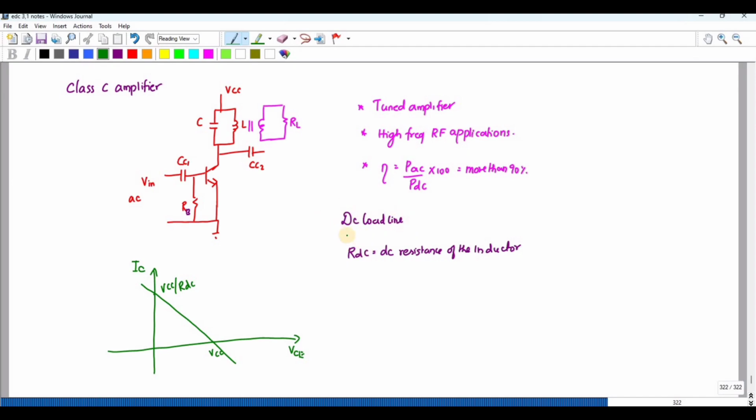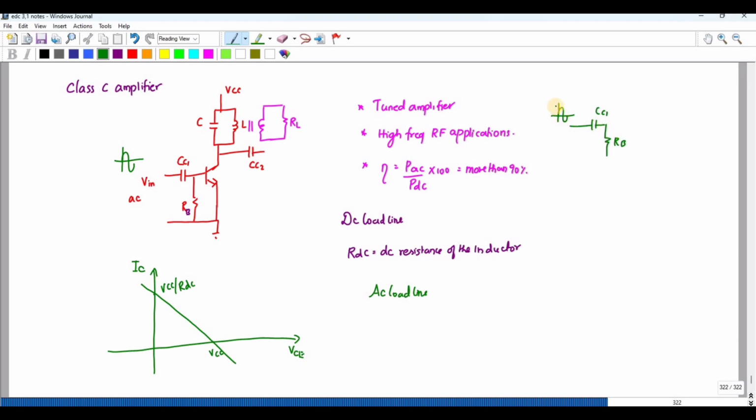So in order to determine the Q point, that is for the AC load line, if we apply the AC input signal, it is given to a clamp circuit. Here you have a capacitor followed by a resistor RB.